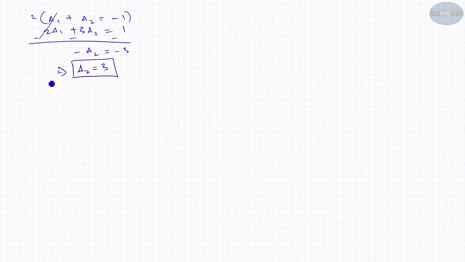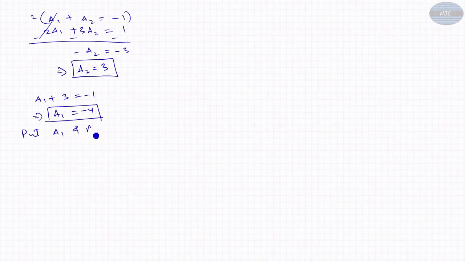Okay, now find the value of a1. So put the value of a2 here. So we'll get a1 plus 3 is equal to minus 1. This implies a1 is equal to minus 4. Okay, put a1 and a2 in equation 4. So equation 4 is nothing but a_r is equal to a1 into 2 to the power r plus a2 into 3 to the power r plus 2.